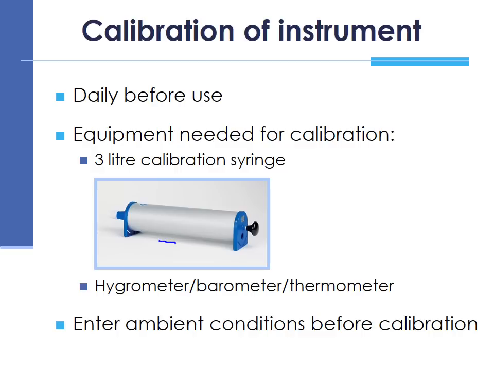You do also get 1-liter calibration syringes, but we use a 3-liter calibration syringe. You also need a hygrometer, barometer, and thermometer, because we need to enter the relative humidity, the height above sea level, and the room temperature. All of these ambient conditions need to be entered into the software before calibration takes place.